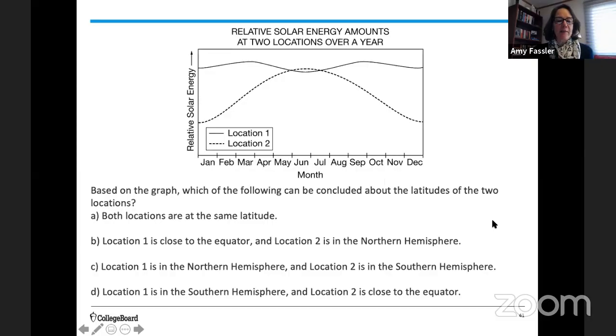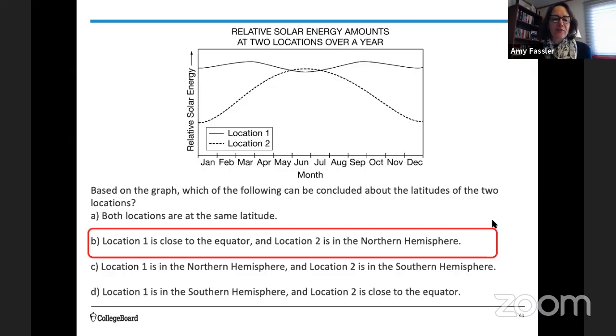So take a look at that multiple choice question. Which of the following can be concluded about the latitudes of the two locations? And hopefully you picked letter B as the correct answer.